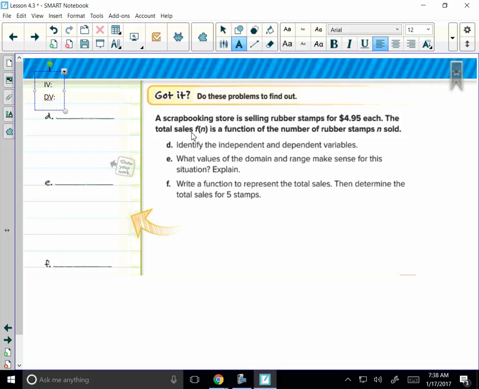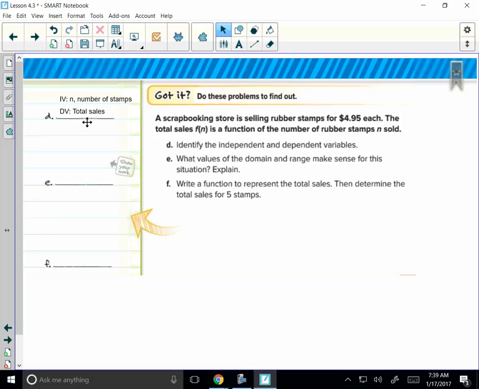The thing before or after whatever they're talking about, that's going to be your dependent variable. So in this case, our dependent variable is total sales. And that means that the independent variable is going to be n, which stands for number of stamps. Make sure you fill that in on the line for D.